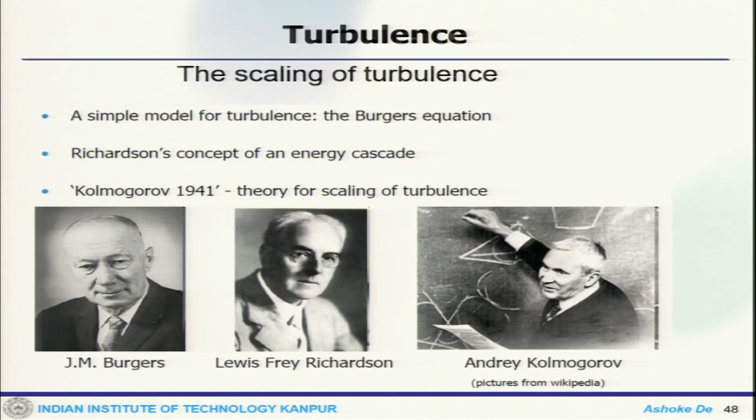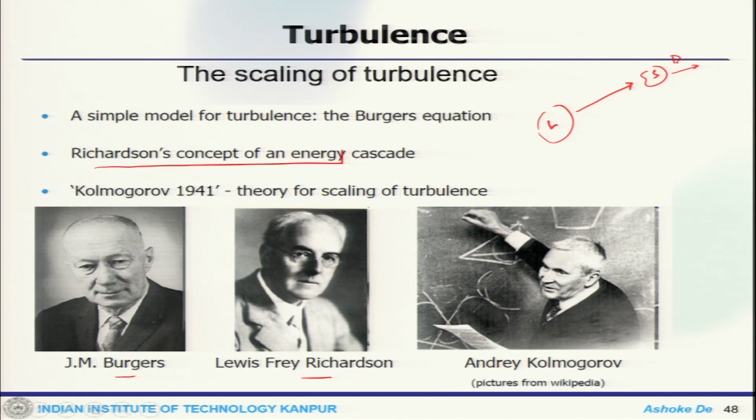Now, the important aspect of turbulence is the scaling. That means we have to somehow quantify the turbulence. So, the scaling is very important, and there are famous scientists like Burgers, Richardson, and finally Kolmogorov. They proposed different theories. One important theory of Richardson is the energy cascade, which says that energy transfers from large eddies to small eddies, and finally through dissipation.